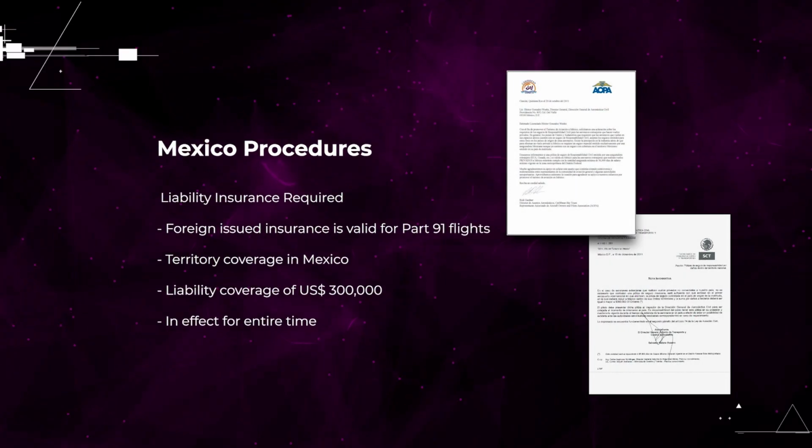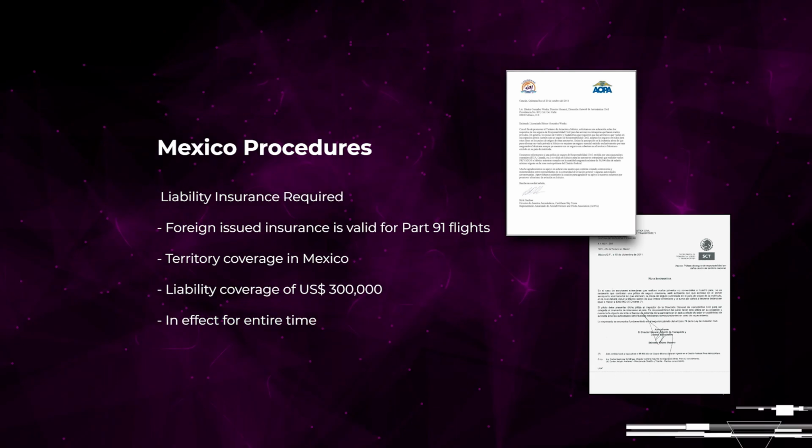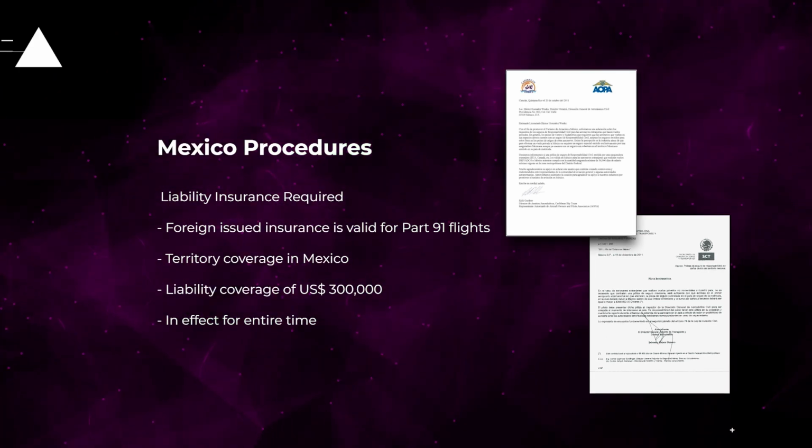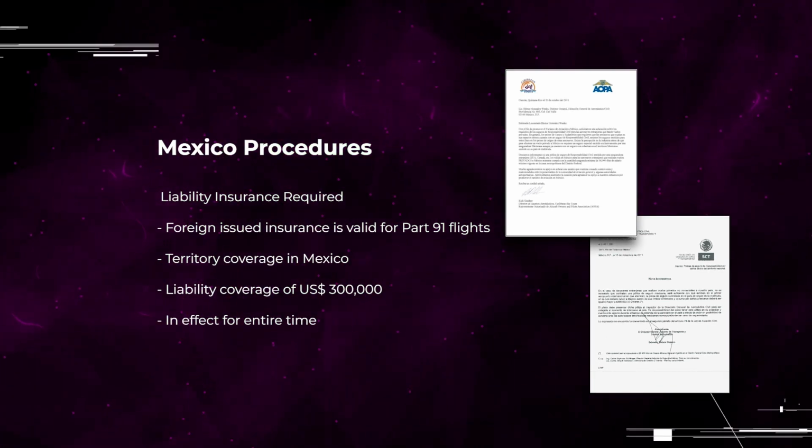In 2011, CST as well as AOPA petitioned the Mexican civil aviation authorities to clarify the insurance requirements for private Part 91 aircraft. And they responded that for private flights, you can use the insurance policy issued in your country of registry.